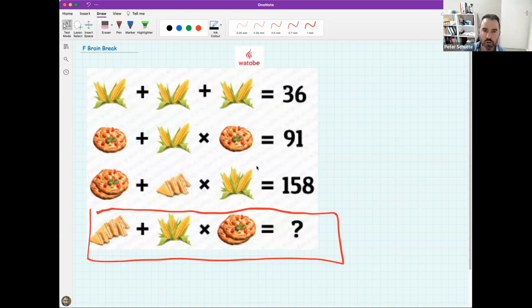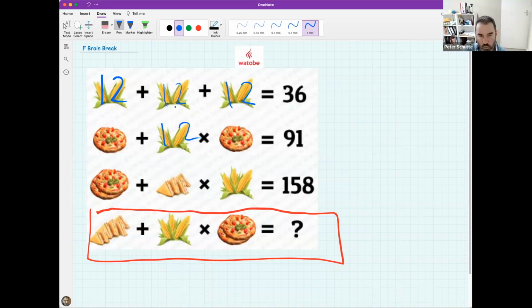What do 2 millies give you? What do 2 millies have to be equal to? So I think all of these must be 12, 12, 12, because that gives you 36. But there's 3 millies here.